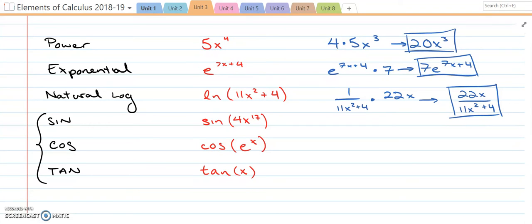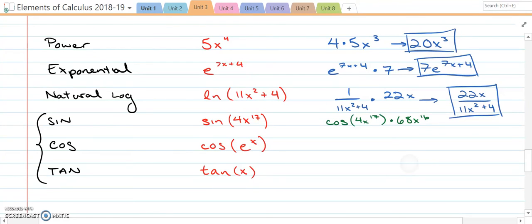The last three rules that you have are all related to trig. Trig says sine becomes cosine. Inside has not changed, but I do need to do the derivative of the inside, which is going to be 68x to the 16. Done.